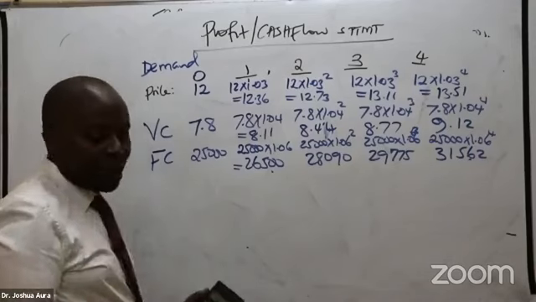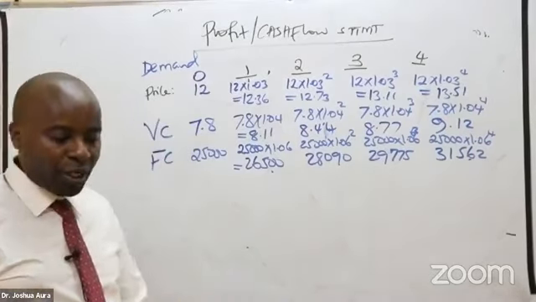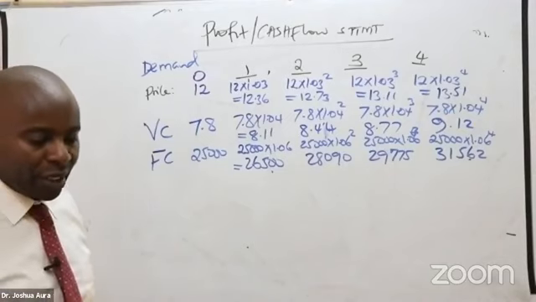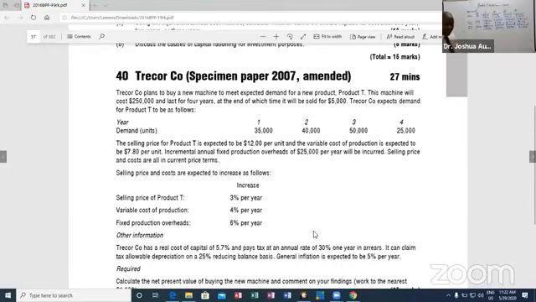These people have given us the units demanded. If we were to go to our question, the units demanded, what do we have? You can see year number 1, we shall be able to sell 35,000 units. How about year number 2?